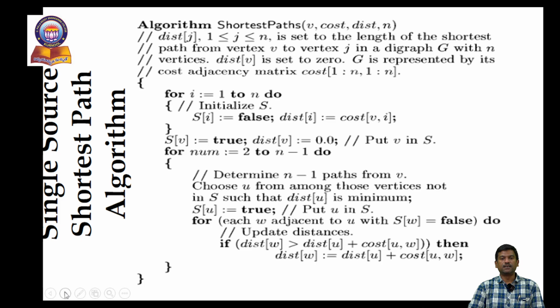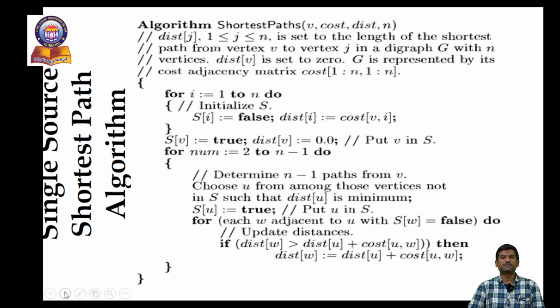And for each W adjacent to U, what is this W and what is this U, and what is S of W equal to false, that will be provided with an example in your next slide. So you need to update the distance. Take for example, from the previous iteration, if the distance of a certain vertex is equal to something like 20, and with these newly connected adjacent vertices you find the updated distance to be something like 10, then this distance, that is 10, has to be taken into consideration for the solution set.